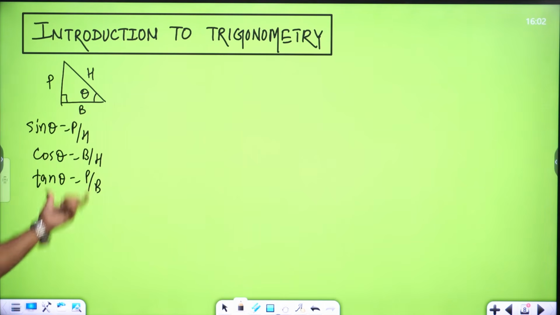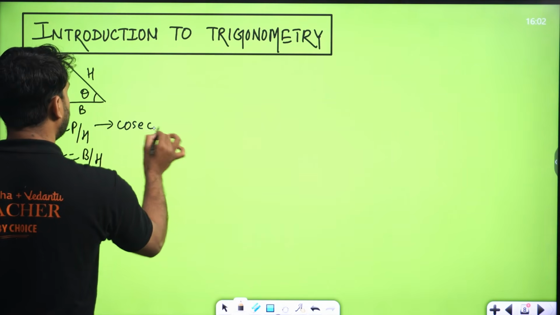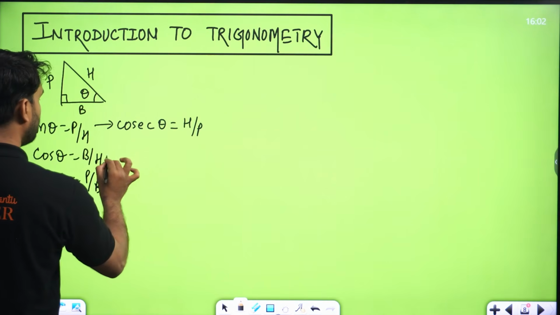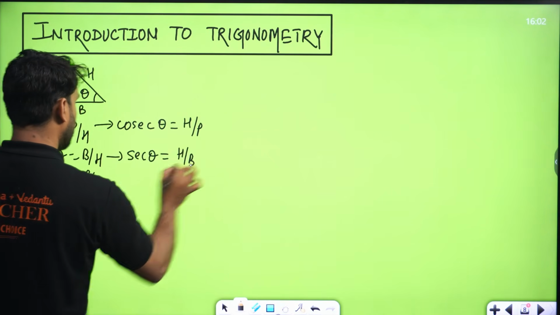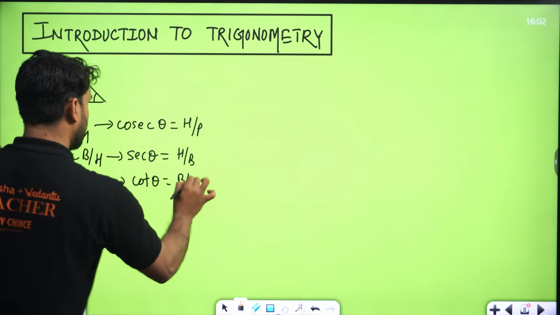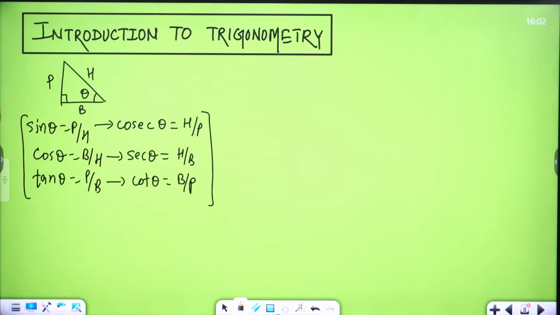And once you get these three trigonometric ratios, the other three will be very easy. Cosec theta is the reciprocal of sin, so h by p, and sec theta can be written as h by b, and cot theta will be equal to b by p. So these are the trigonometric ratios, my dear, according to the right angle triangle.